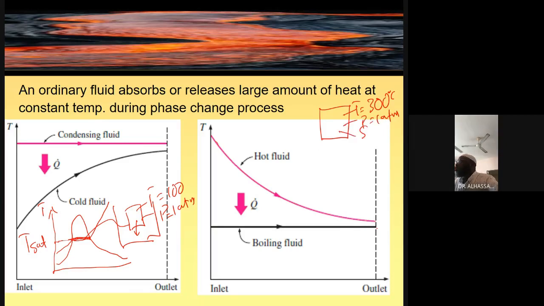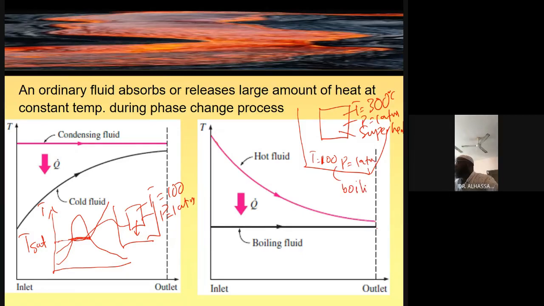Assuming this is superheated, if you dip the whole of this into a container that consists of water whose temperature equals 100 degrees Celsius and pressure equals 1 atmosphere, so this is boiling water.